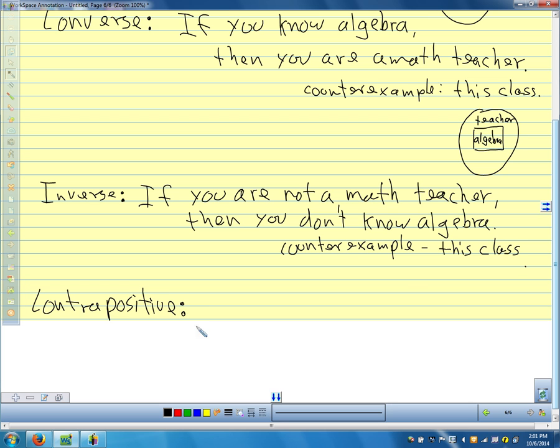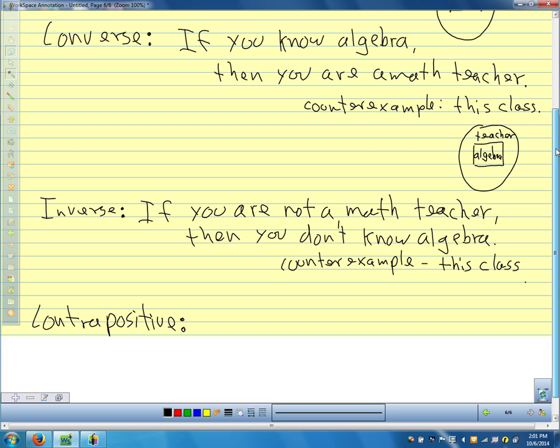So the contrapositive is the negation of the converse. So how are we going to form the negation of the converse? If you don't know algebra, then you are not a math teacher.